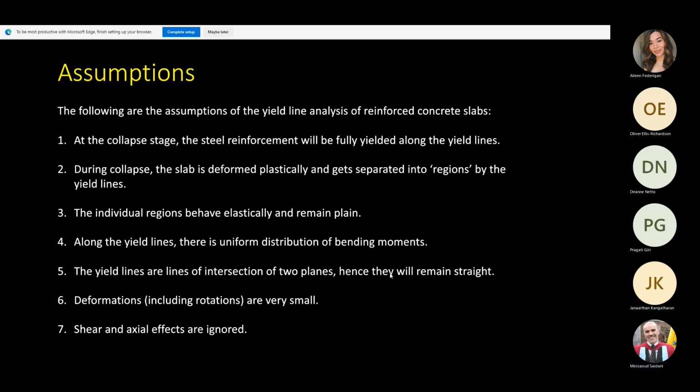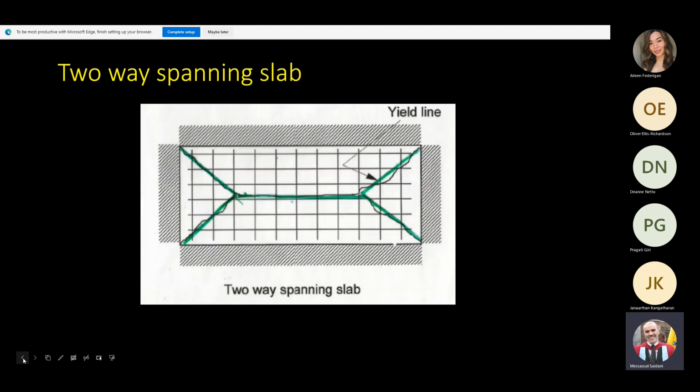Number 4, there is a uniform distribution of moments along the yield line. What does it mean? It means that along this yield line, the moment of resistance is the same.